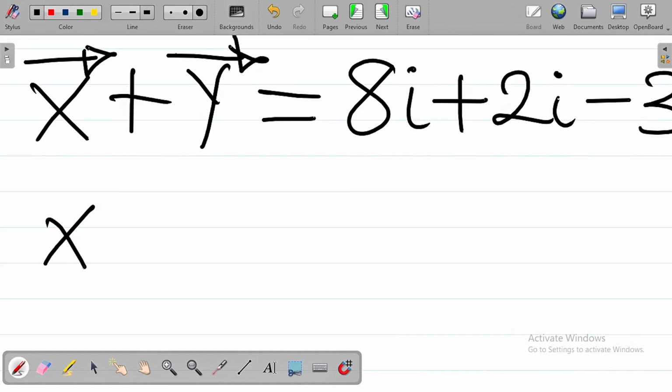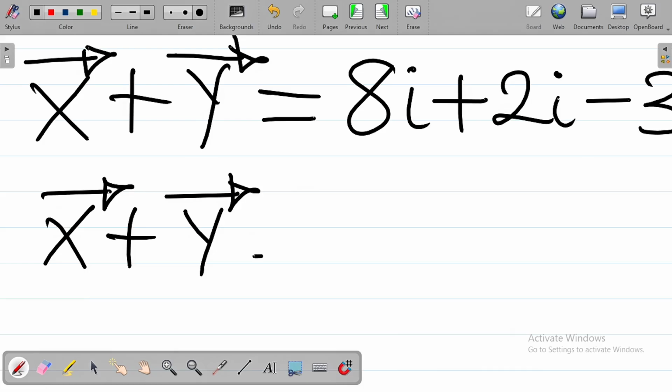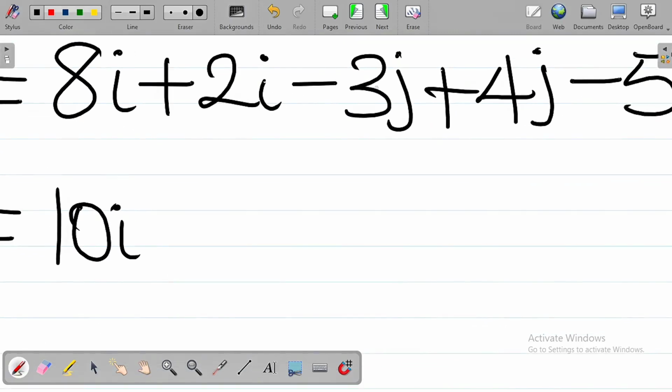So vector x plus vector y is equal to 8i plus 2i is 10i. Negative 3j plus 4j, we are left with positive 1j.